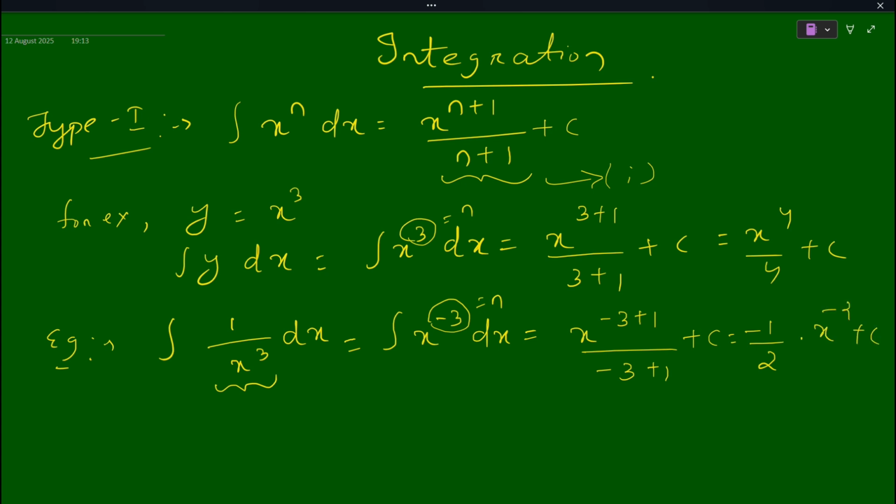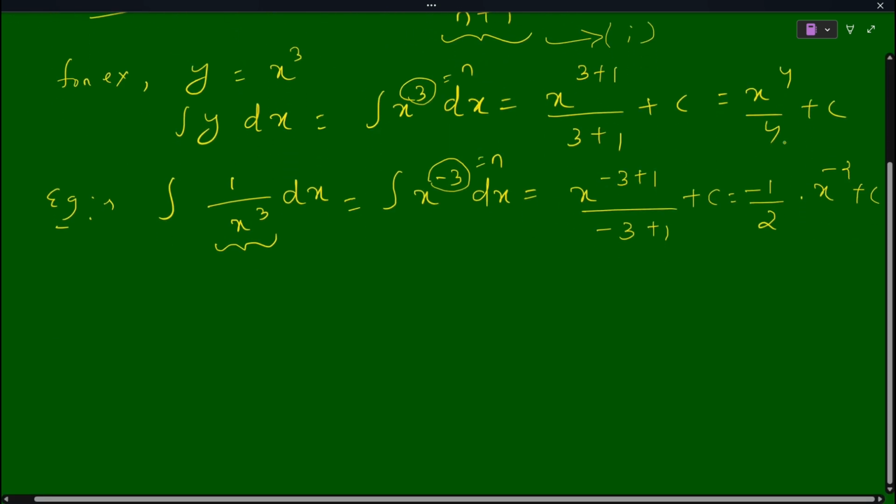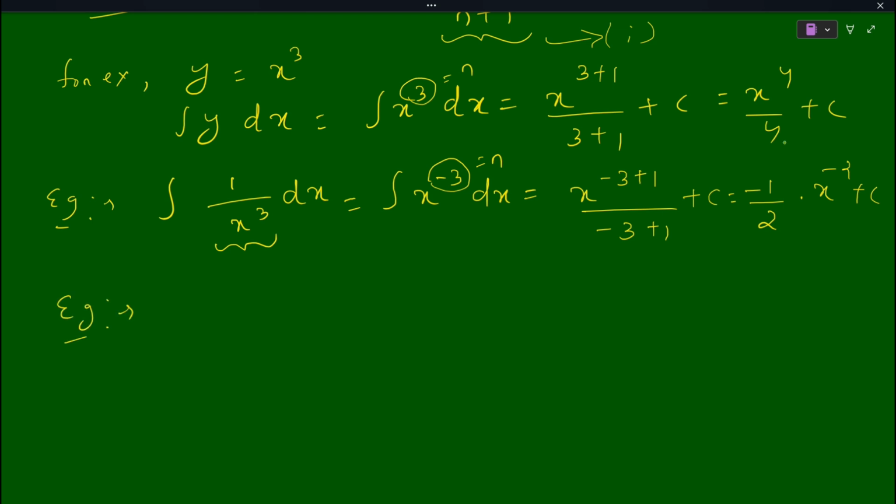Moving on to the definite integral. Again, suppose I have taken the example of 1 by root x dx, and here I am putting the limit values. Suppose it is from 0 to 1, or let's suppose I am taking this as from minus 2 to 1.